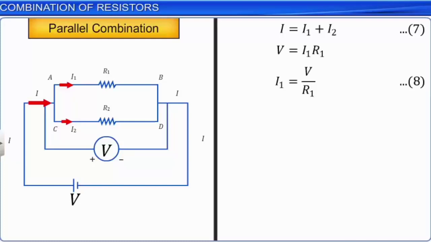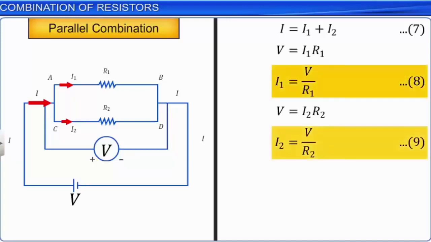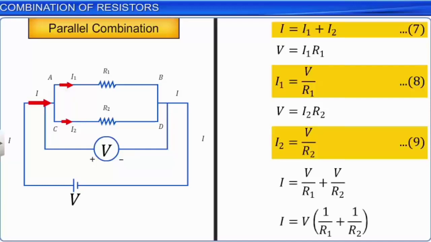Therefore, we can write V is equal to I2 R2 and I2 is equal to V by R2. Let this be equation 9. Substituting equations 8 and 9 in equation 7, we get I is equal to V by R1 plus V by R2 and I is equal to V into 1 by R1 plus 1 by R2. Let this be equation 10.